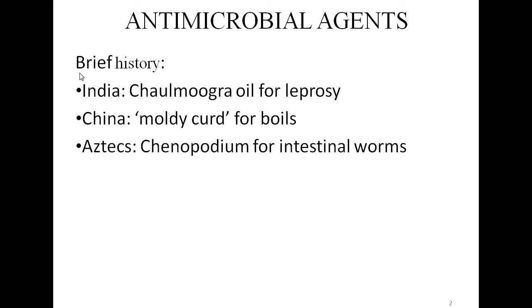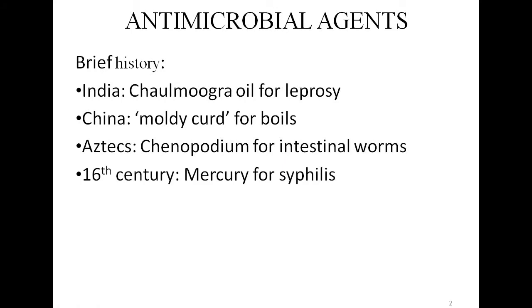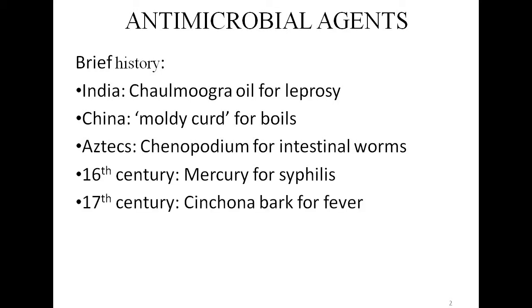Aztec Indians, that is the native tribes of South America, used the plant Chenopodium for treating intestinal worms. In the 16th century, in Europe, mercury was introduced for the treatment of syphilis. In the 17th century, another plant bark, cinchona bark, was used for the treatment of fever.